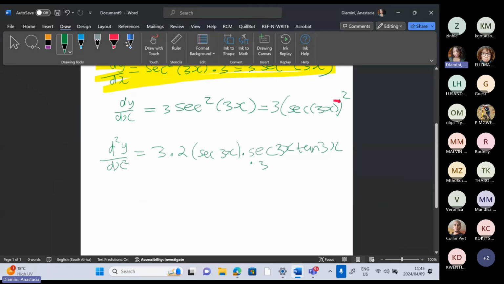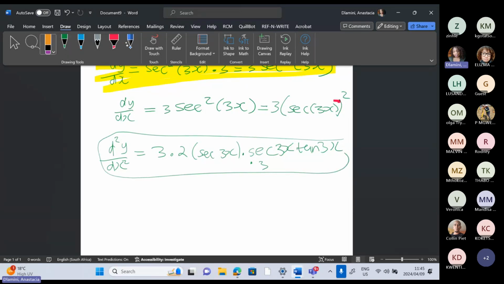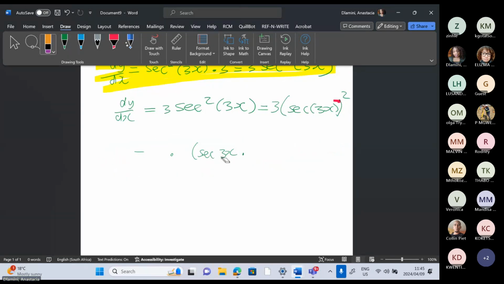Now, one can ask, how was this found? So let's explain it. From here, we notice that we're supposed to use the chain rule, right?